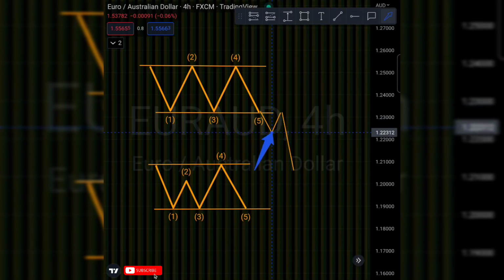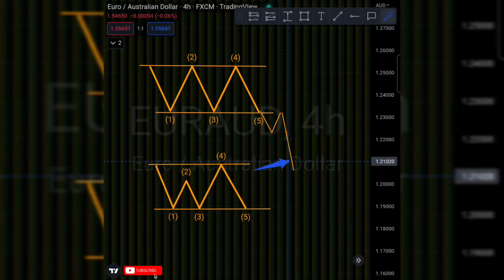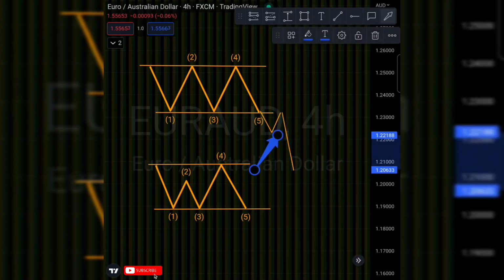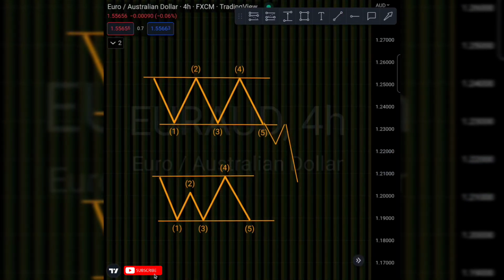So as it breaks and comes back up and retests that level, break and retest, they're looking to get in the trade to the downside. So that's not really a breakout, but that's a break and retest that you can do, or what a break of structure will look like actually on that structure.